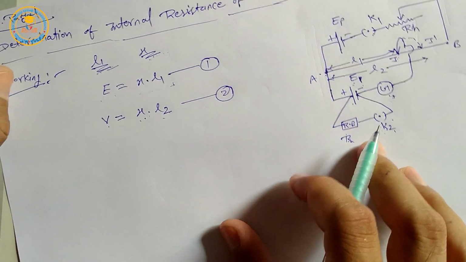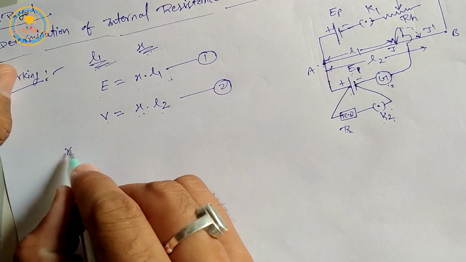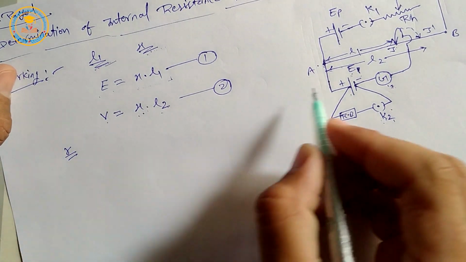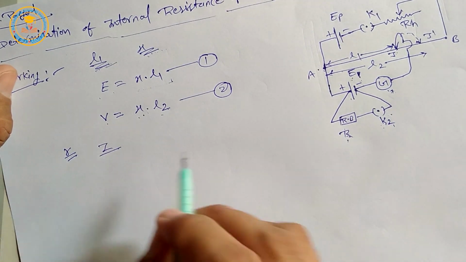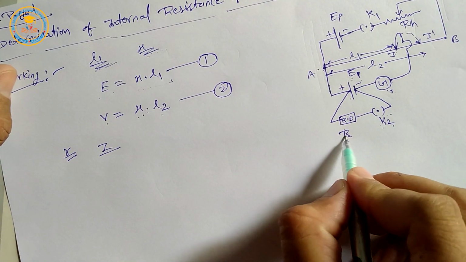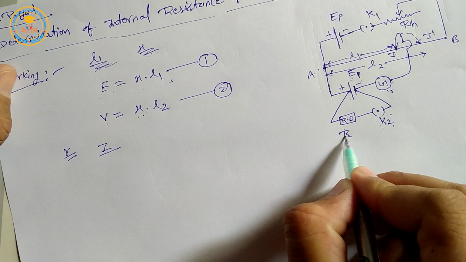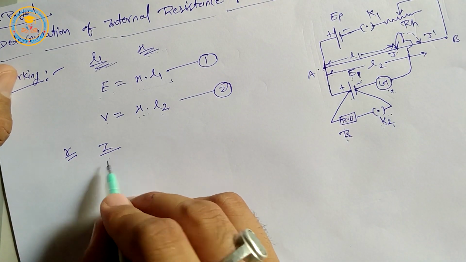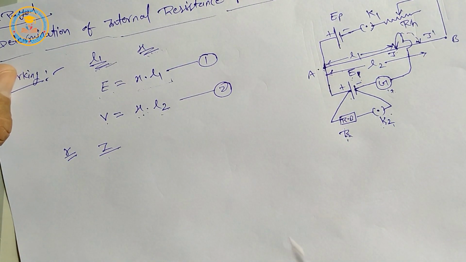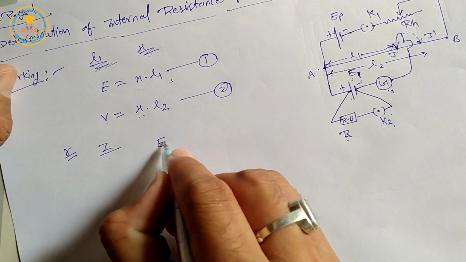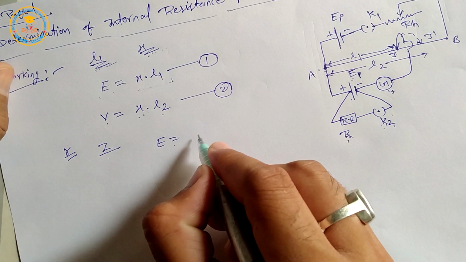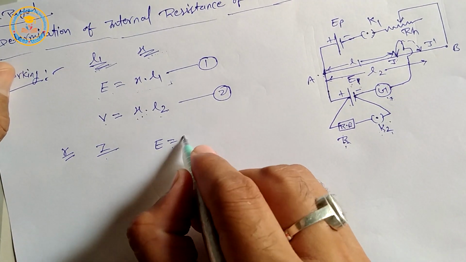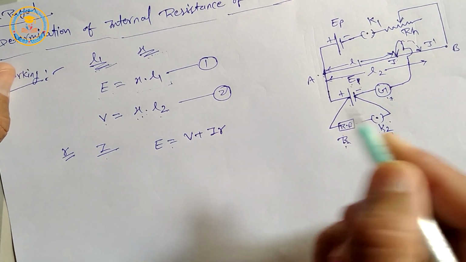Now suppose the internal resistance of this cell is r and the current flowing through this resistance capital R is I. We studied in the previous chapter the relation between EMF, terminal voltage and internal resistance: E equals V plus Ir.